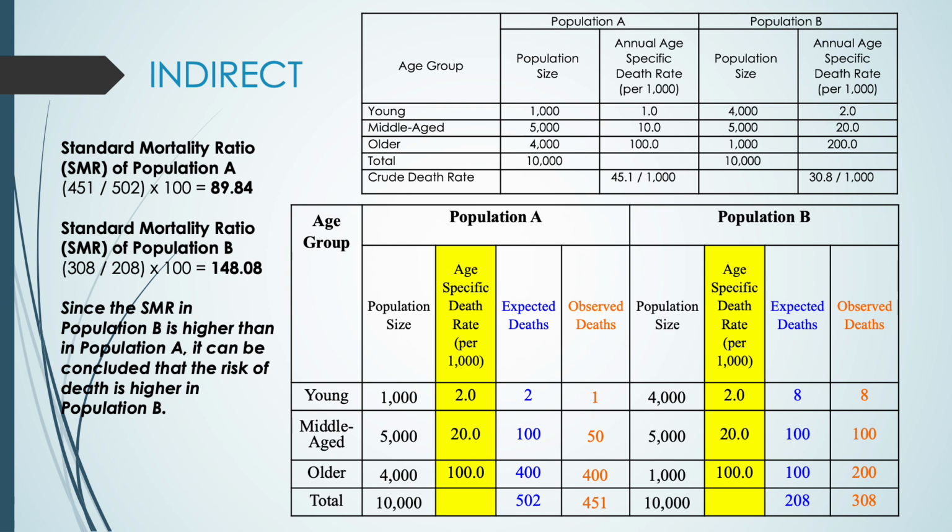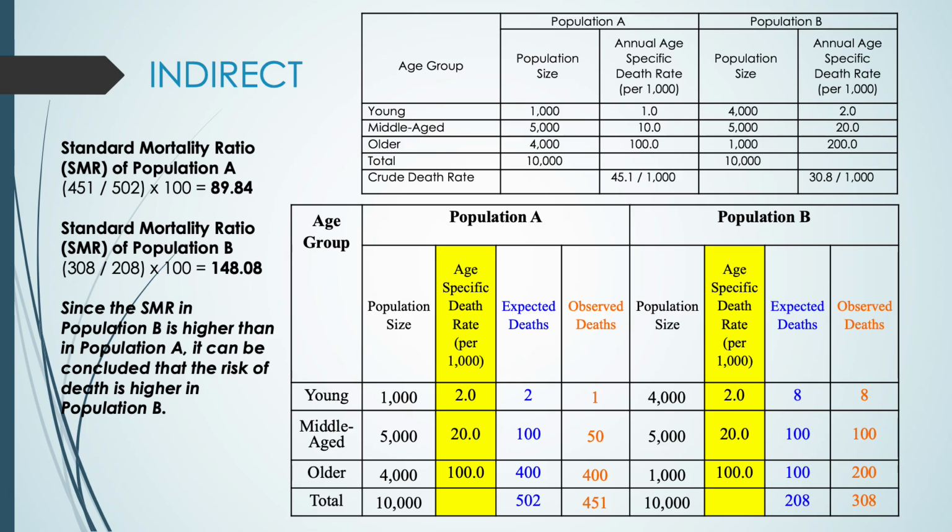And lastly, for the older class, since the population A has the higher population size this time, we borrow the annual age-specific death rate of A, which is 100, and put it in the corresponding highlighted part. So our adjusted age-specific death rate is laid at 2, 20, and 100.